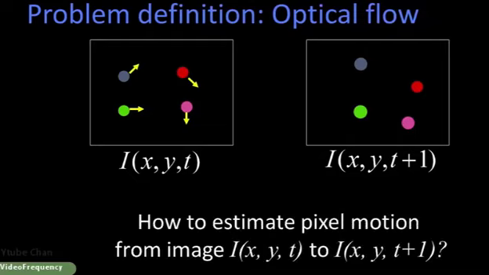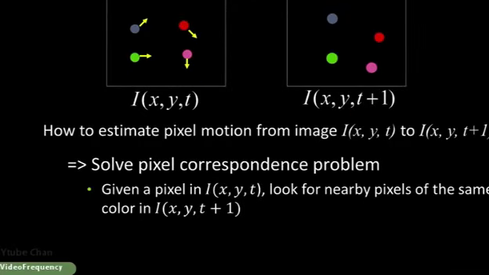So the question we want to ask is, how do we estimate pixel motion from image I(x, y, t) to image I(x, y, t plus 1)? We're trying to estimate that motion. So what we have to do in order to estimate this pixel motion is essentially solve a different kind of correspondence problem than we had from stereo.